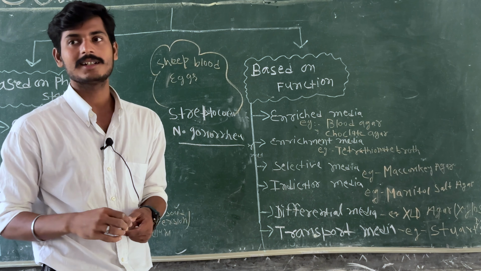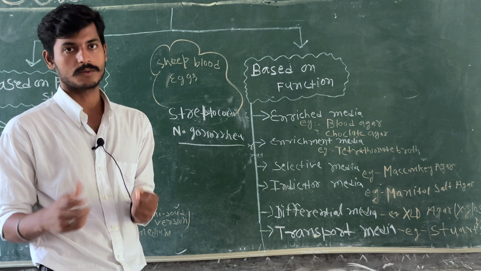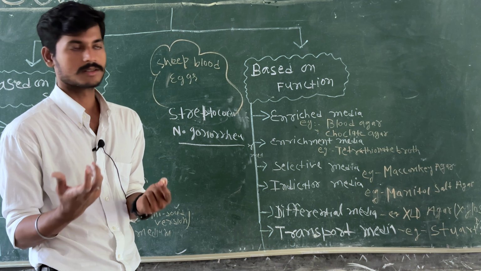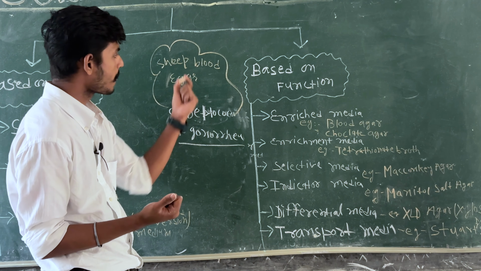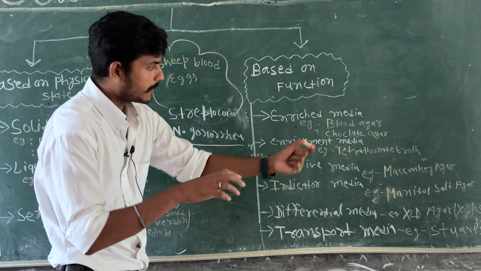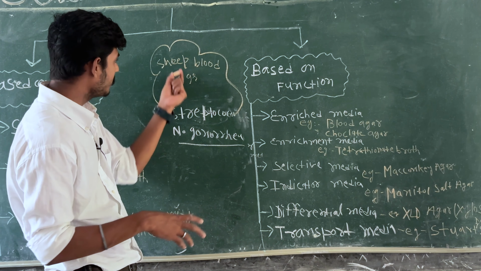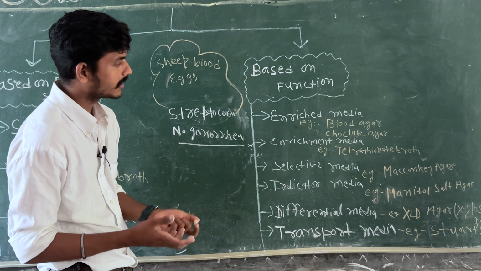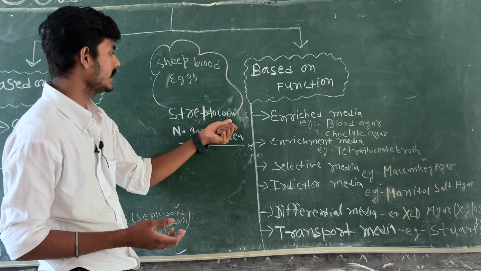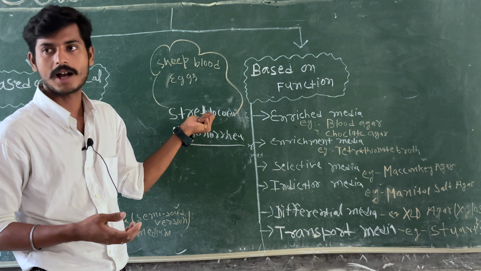We can give egg yolk, which is basically a protein source. Fine. By giving all these things, we prepare the blood agar, and we are able to see the Streptococci.